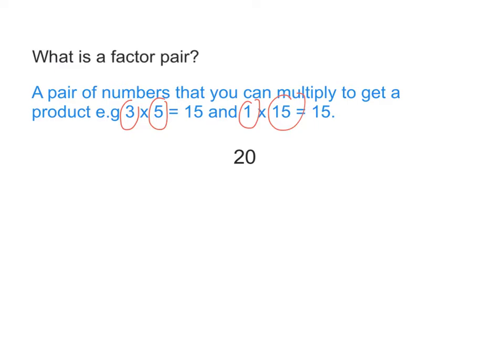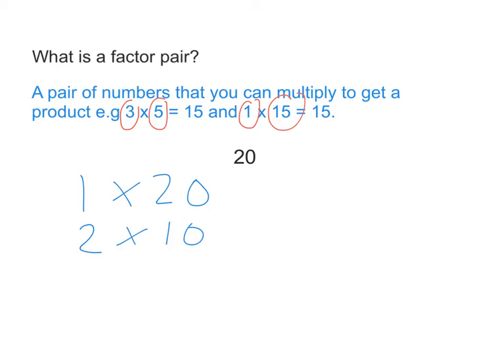Okay, now let's look at the number 20. What are the factor pairs of 20? Okay, so we know for a start that 1 times 20, so 1 and 20 will be a factor pair. We also know that 2 times 10 equals 20. So 2 and 10 would be a factor pair. Nothing in the 3 times table, you can't multiply 3 by anything to get 20.